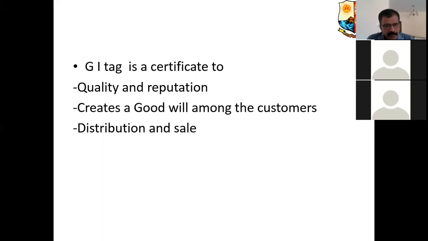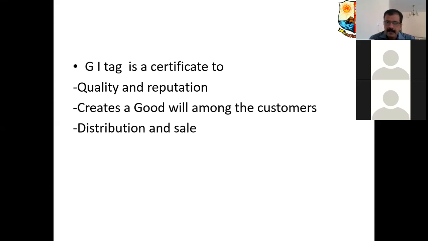What do you mean by goodwill? Without checking a second time, he will go for the product. He believes that product is good for him. Therefore, the customer's goodwill is maintained with the help of GI tag. How does it help the promoter company?